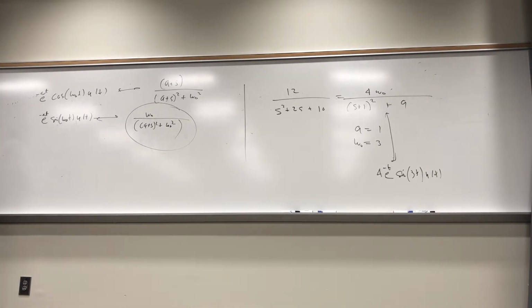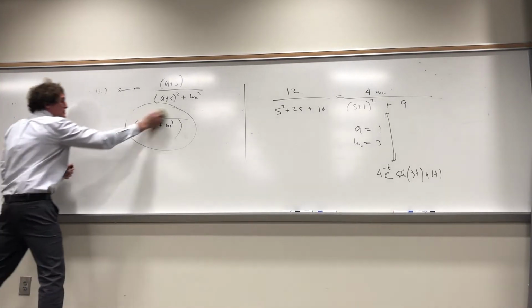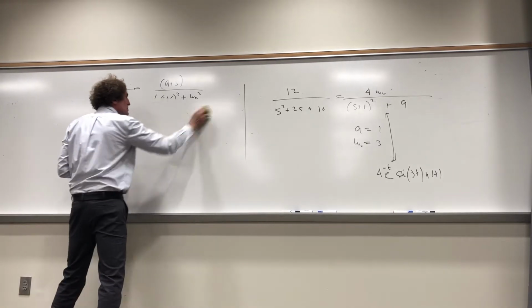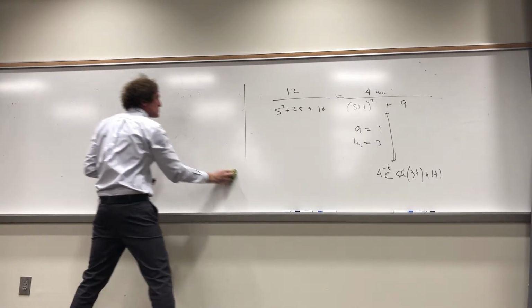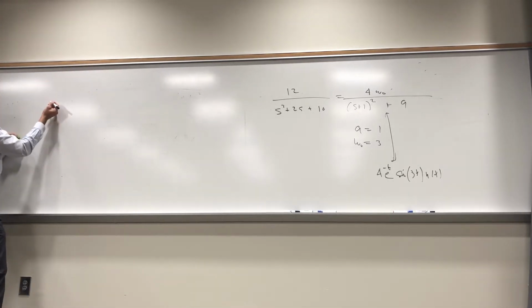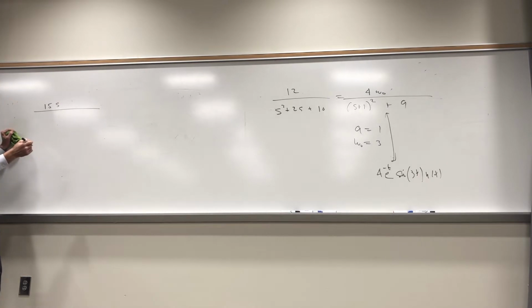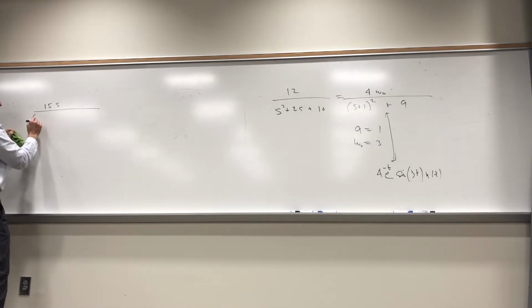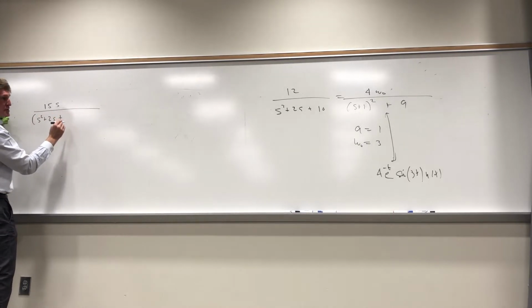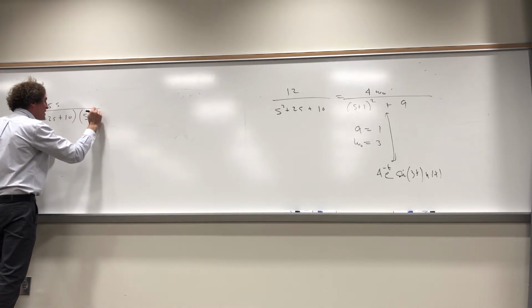All right, now watch. This is important. Suppose I had 15s over s squared plus 2s plus 10, I'm going to use that one, over s plus 1 right here.